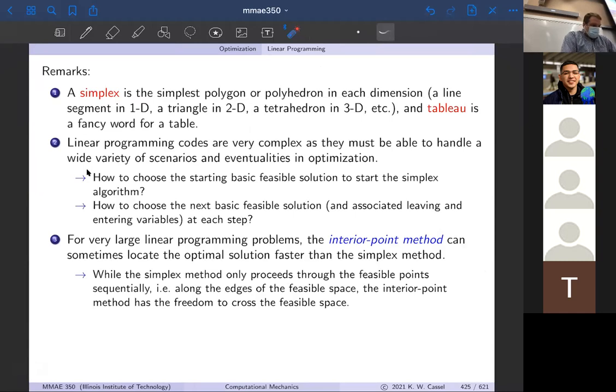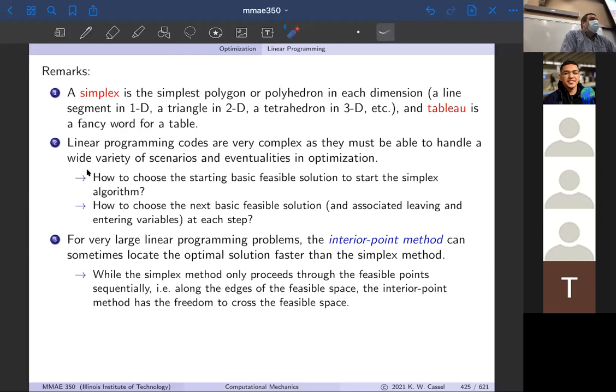All right, simplex. Why do we call it a simplex? The simplex is actually a technical term. It is the simplest polygon or polyhedron. So the simplest polygon in 2D and the simplest polyhedron in 3D. The simplest polygon in 2D is a triangle. The simplest polyhedron in 3D is a tetrahedron.